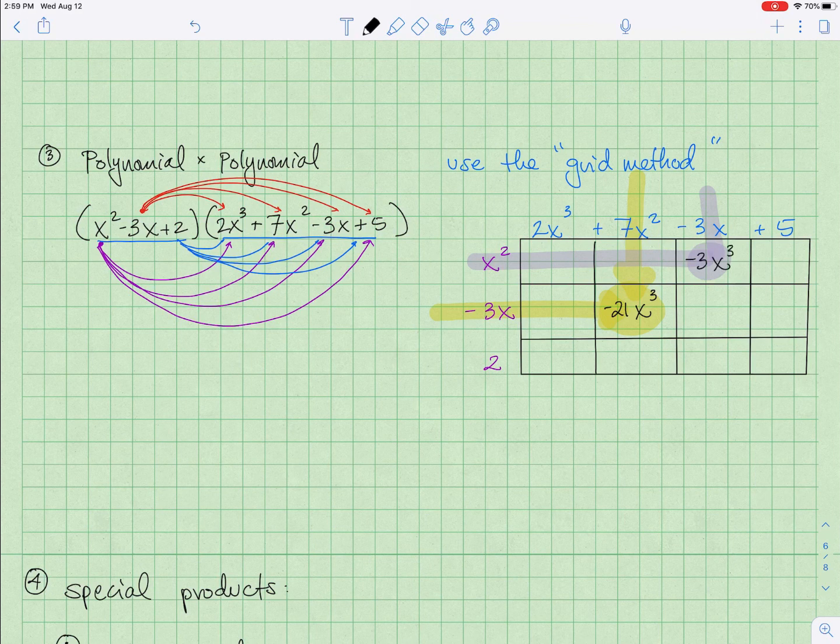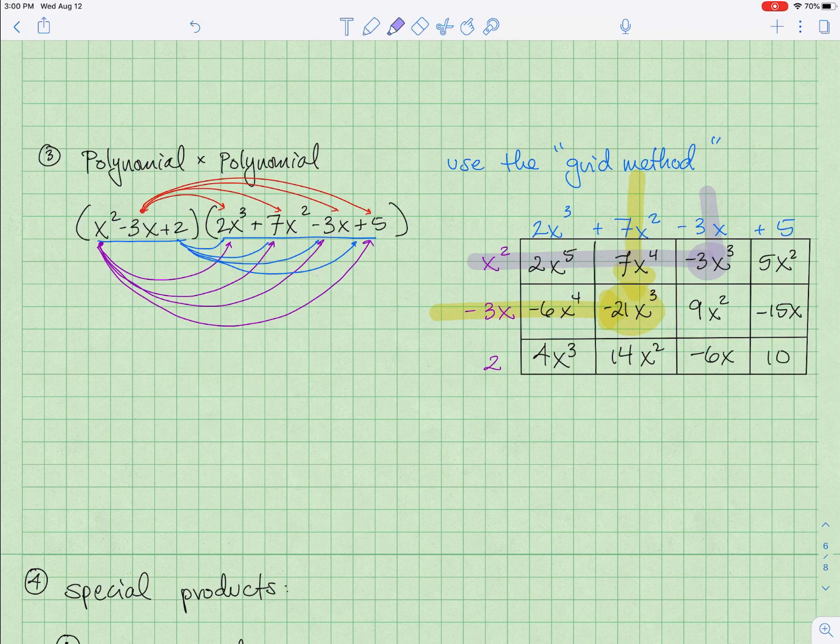So filling this out really quick, we're going to get a 2x to the 5th, a 7x to the 4th, a 5x squared, a negative 6x to the 4th, a 9x squared, a negative 15x, a 4x cubed, 14x squared, negative 6x, and 10.